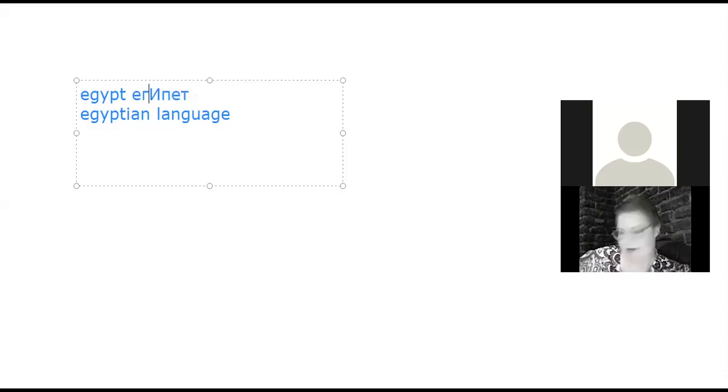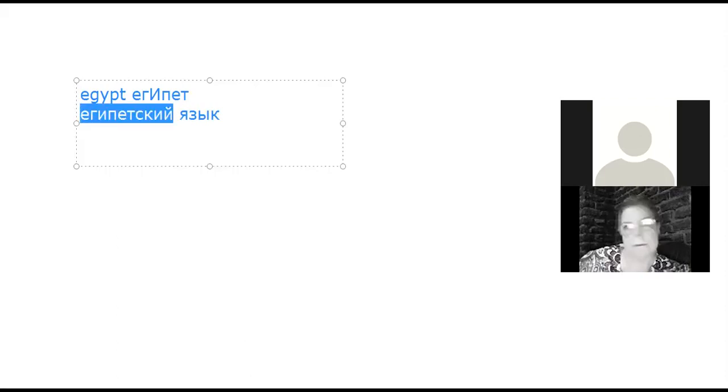The stress is on the second syllable, therefore the pronunciation of ye changes to e. Then Egyptian language would be египетский язык. I don't know whether it would be correct to call it Egyptian language, because in Egypt people speak Arabic. So maybe it would be more correct to say арабский язык.